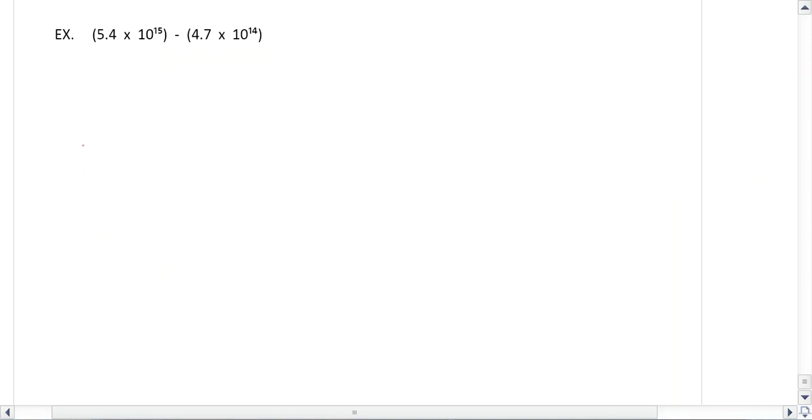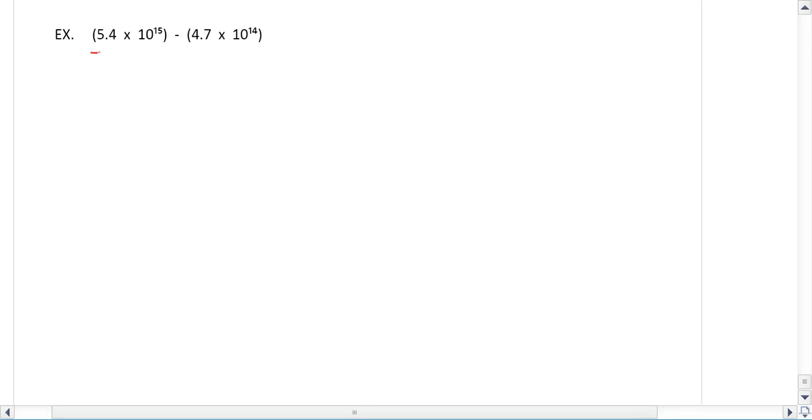We see that we're subtracting these. So the first thing we do is check our exponents. This has an exponent of 15 and this is 14, so you can't add or subtract them, so you just need to stop. Think about what adjustment you want to make. Now, what's difficult for me as a teacher is that there's two different ways to proceed.